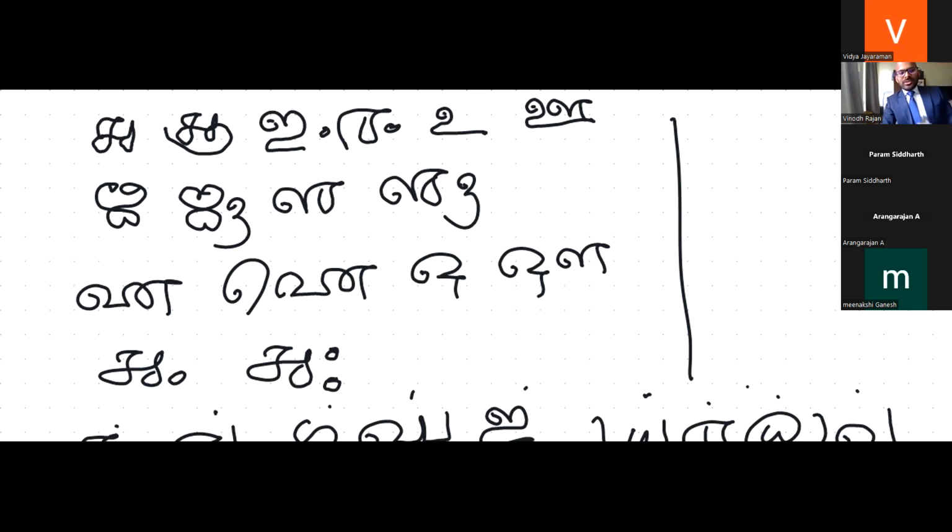Because Tamil only has ru, somehow we have to differentiate ru and r. So I put an apostrophe to differentiate it, because Tamil doesn't do that.